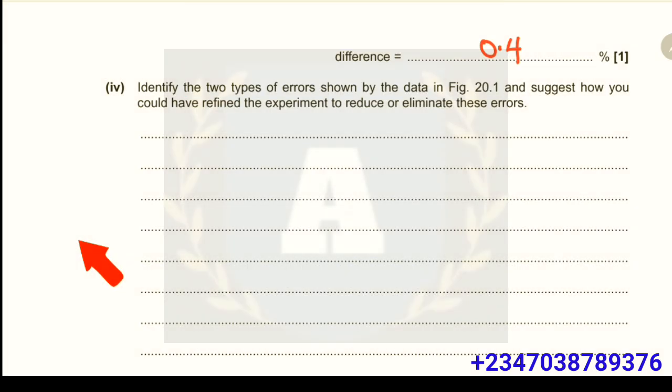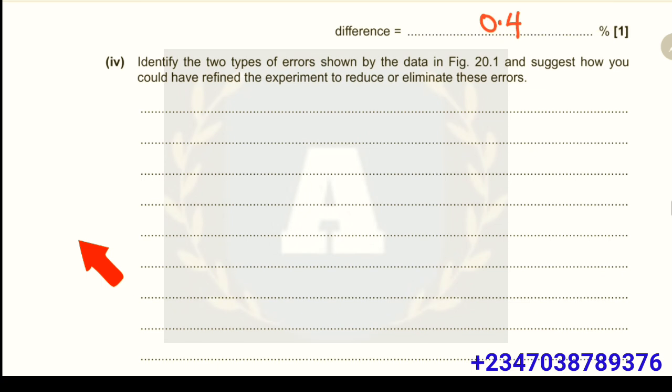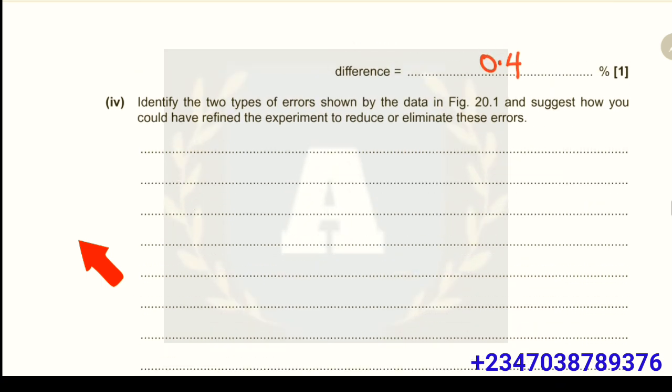So we are asked to identify two types of error shown by the data in figure 20.1 and suggest how you could have refined the experiment to reduce or eliminate this.